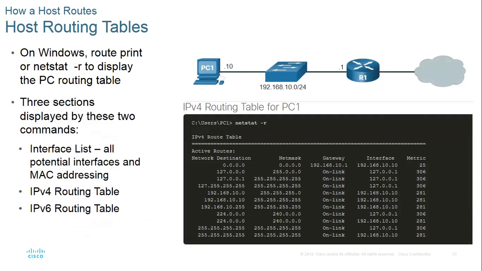Let's check the host routing table. If you look at this table, you get it by typing in the command line interface, CMD, on your device, netstat space -r, and you will get the IPv4 routing table, which has multiple fields, multiple columns.